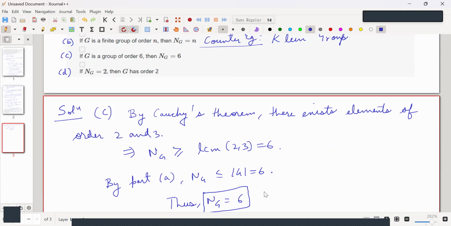Later, you will again see a statement saying that if the group is of order p times q, where p is less than q, then a very well-known structure for such groups is known, and through that you can see what these groups are.